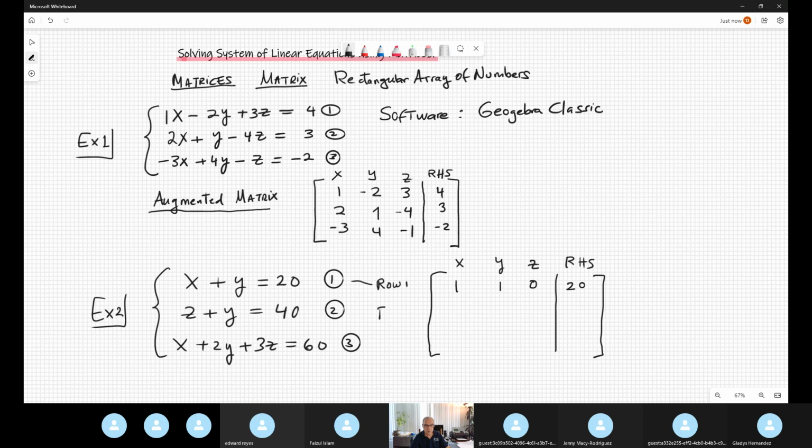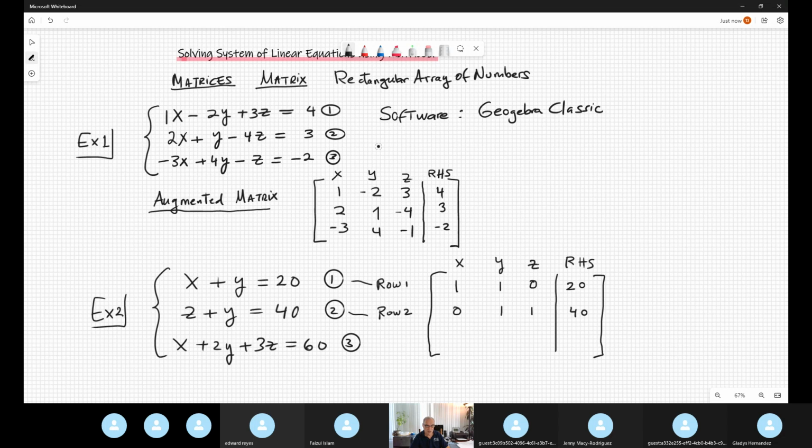And row 2, somebody doing it very disorganized puts the z first. But x is missing: 0x, 1y, 1z, and this is 40. This is my second row, which represents the second equation.